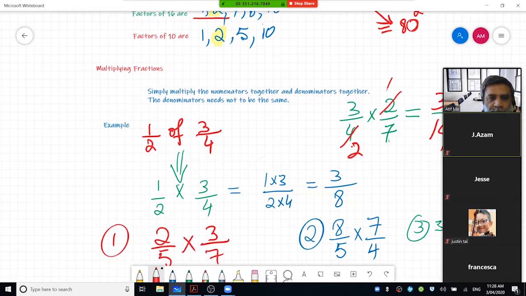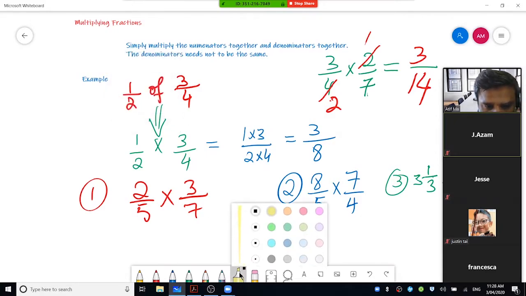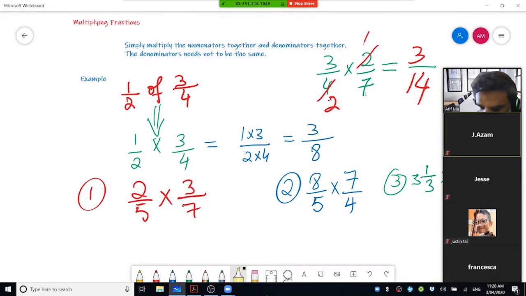Before I move further, I would let you know that sometimes in a fraction question we have the word "of". Let me highlight it. And "of" means multiplication.